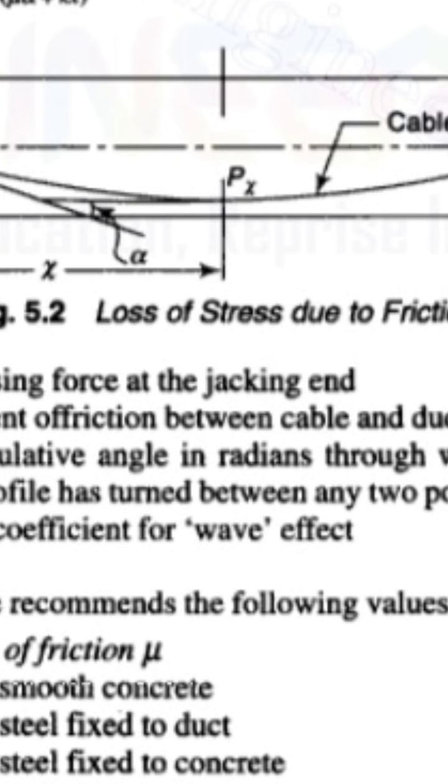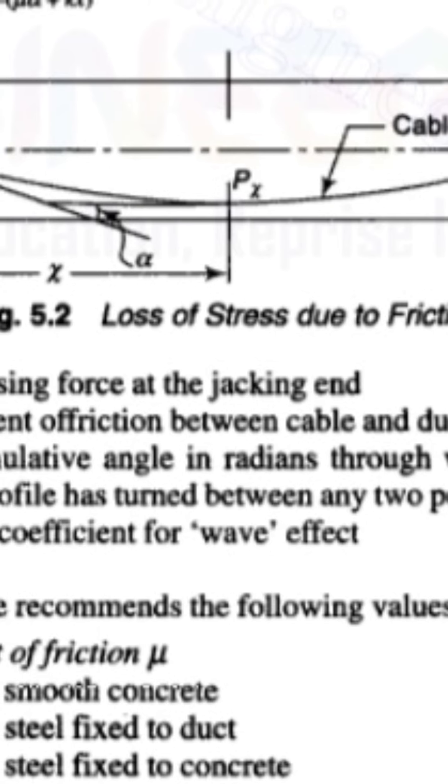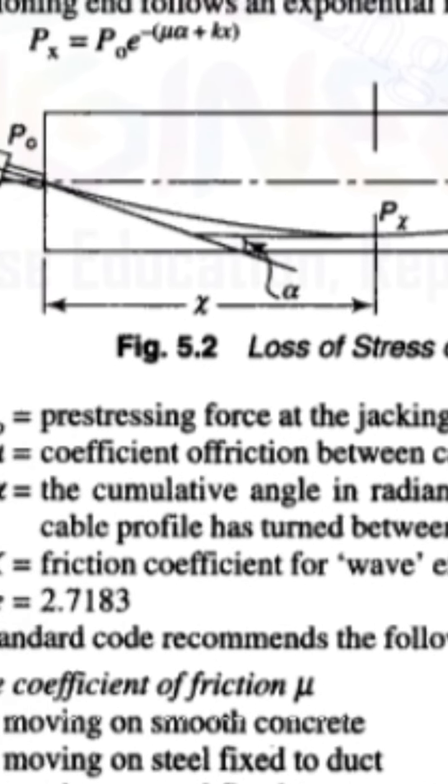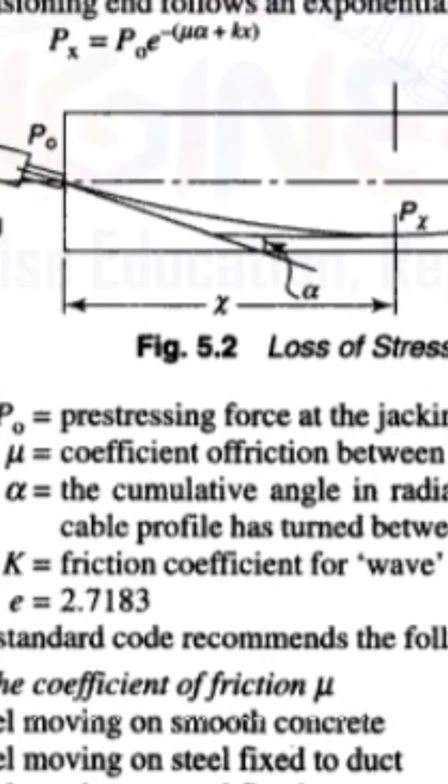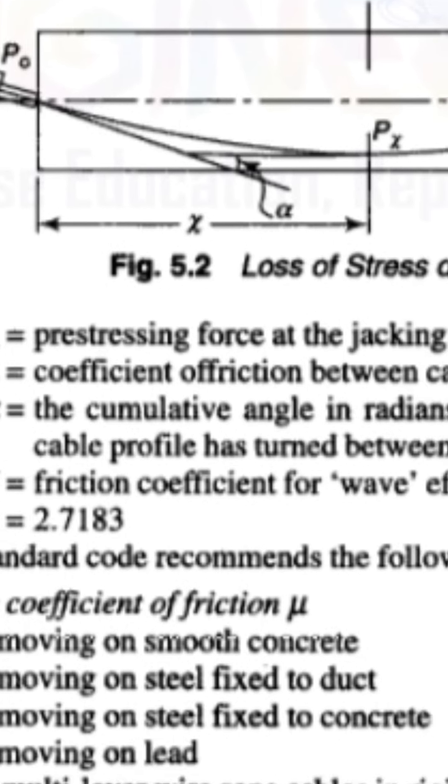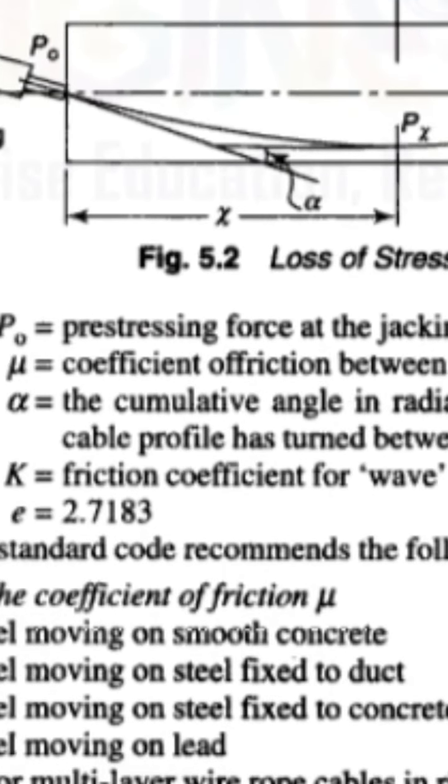If you draw a tangent for the cable, the tangent has to be drawn from the other corner where it has been jacked, and the angle it makes, the cumulative angle, is alpha.